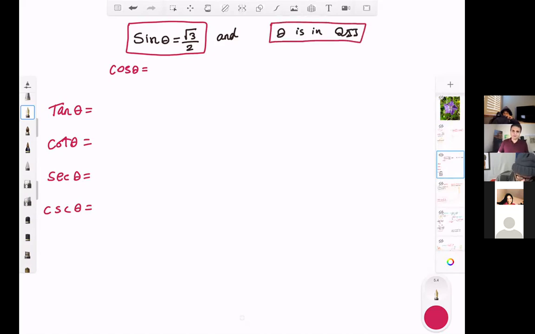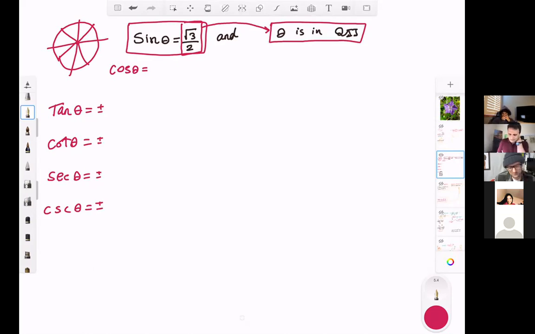Otherwise, we will be confused, because on the unit circle each quadrant has the same numbers, but we have to make sure it's positive or negative. So if they tell us where theta lies, then we can determine the signs of the remaining trigonometric functions.